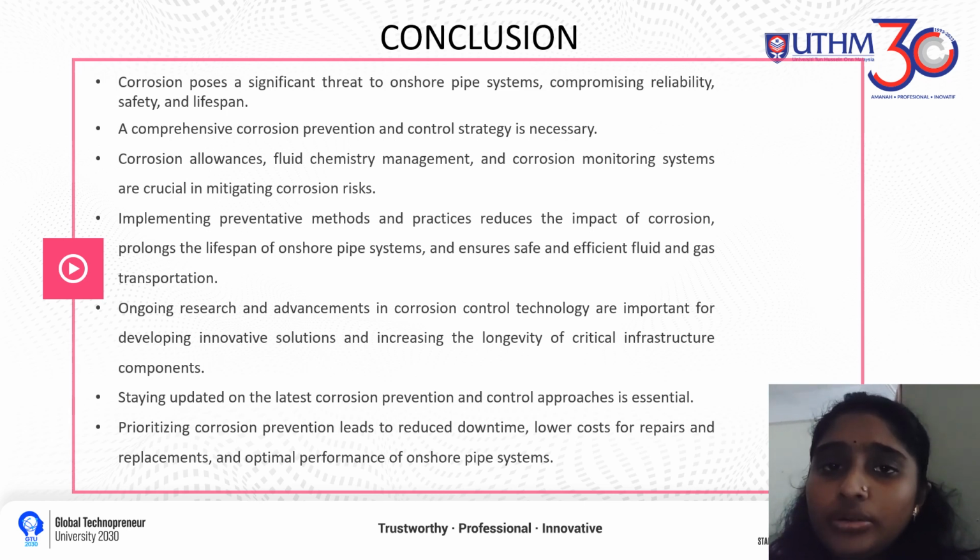Staying updated on the latest corrosion prevention and control approaches is essential for engineers, maintenance personnel, and operators. Prioritizing corrosion prevention leads to reduced downtime, lower costs for repairs and replacements, and optimal performance of onshore piping systems. That's all. Thank you.